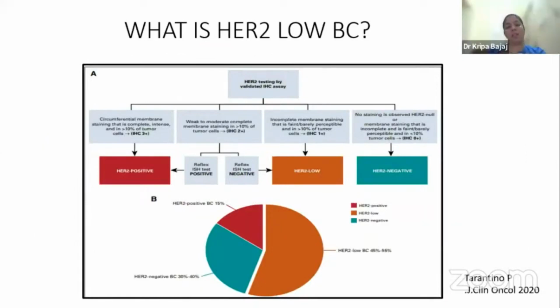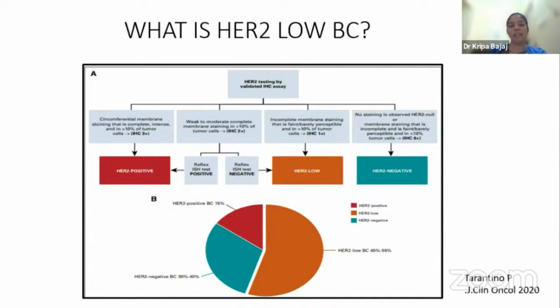Correct. So could you expand on this, please? Yes, ma'am. It is usually 1+, with incomplete membrane staining. That is barely perceptible staining in more than 10% of the tumor cells. It is 1+, it is HER2 low. Usually we don't push towards doing FISH in this kind of patients.